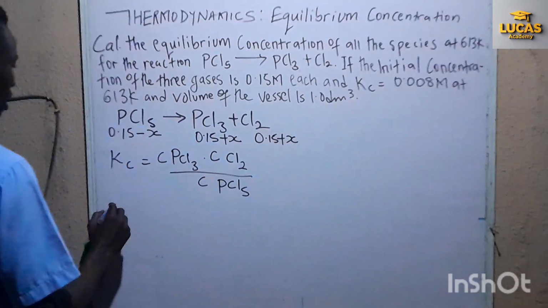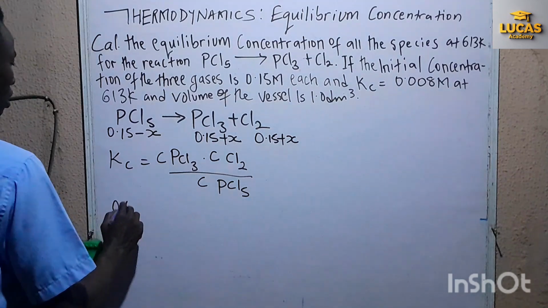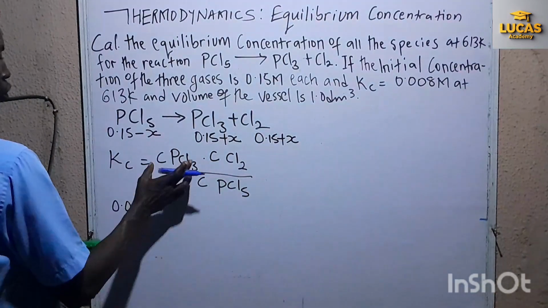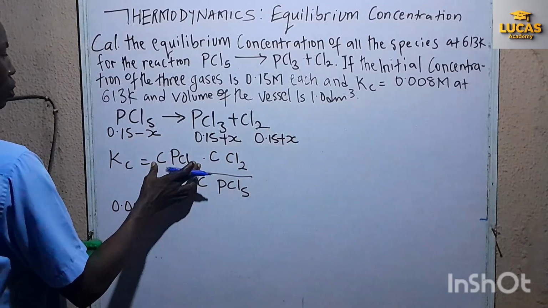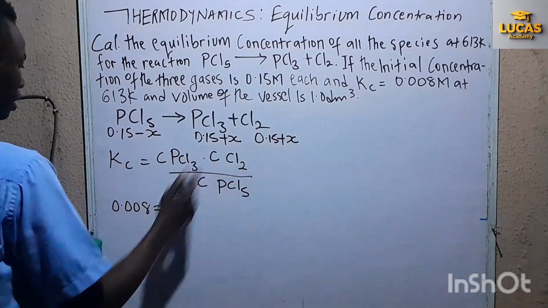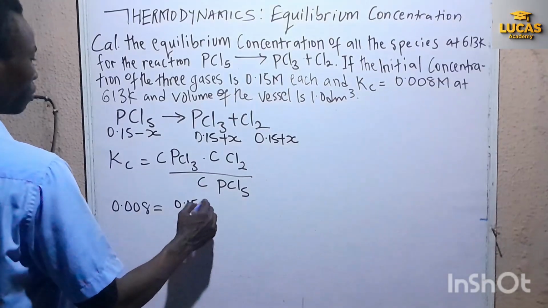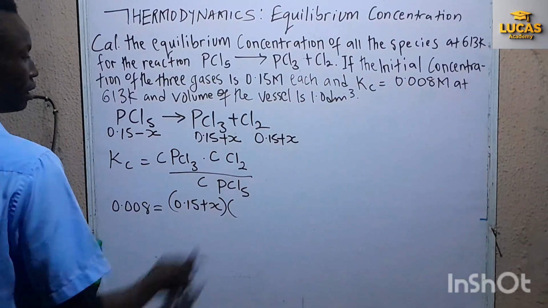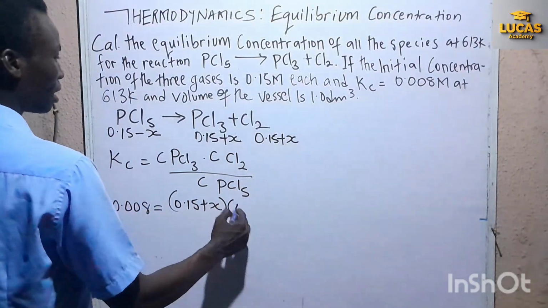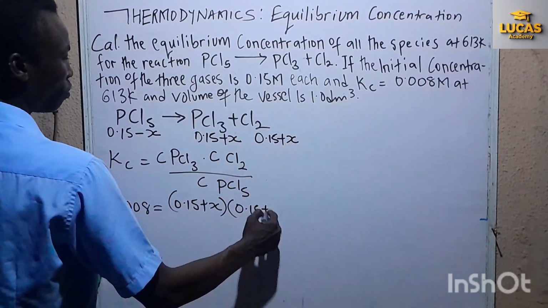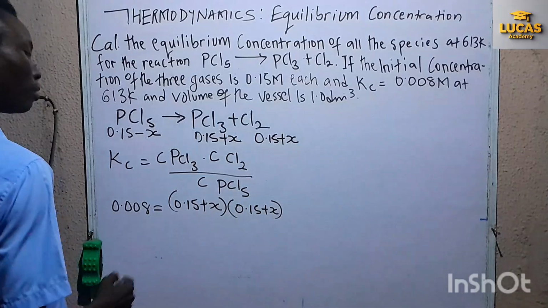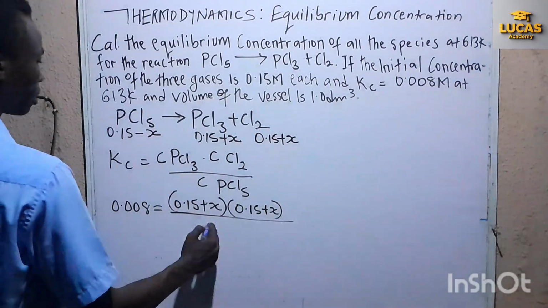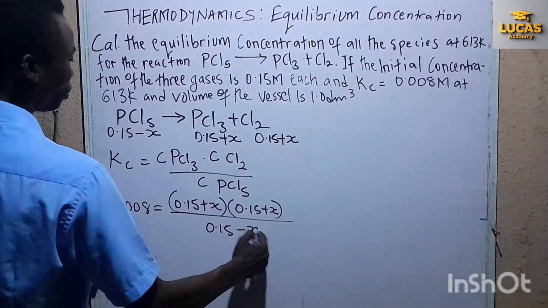That will be 0.008 equals, so the concentration of this one here is 0.15 plus x. You bracket it, then into bracket for this one here, that is 0.15 plus x, close the bracket, all divided by this one here, 0.15 minus x.